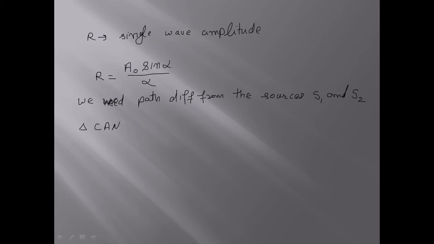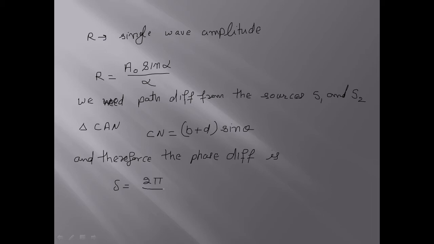Then CN is equal to (B plus D) sine theta, and therefore the phase difference, denoted with delta, is equal to 2 pi by lambda times the path difference, so delta is equal to 2 pi by lambda into (B plus D) sine theta.